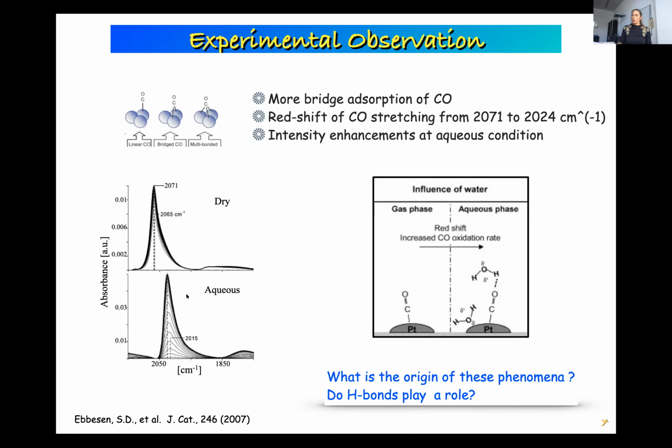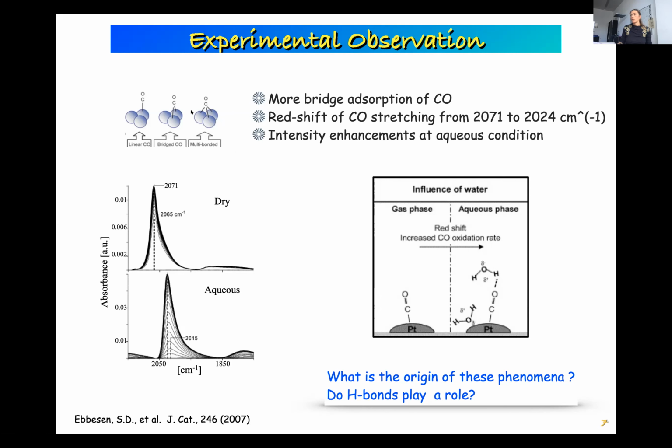In addition to the redshift, an enhancement in the intensity of the peak is also clearly observed. This type of change is not related to a change in the adsorption site. Actually, the CO is adsorbed on top, and there are no indications otherwise.